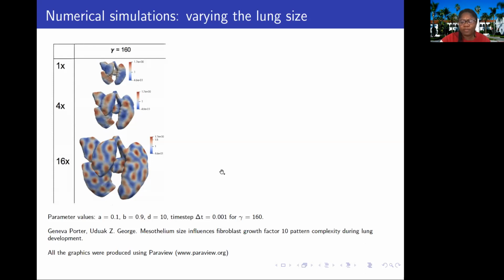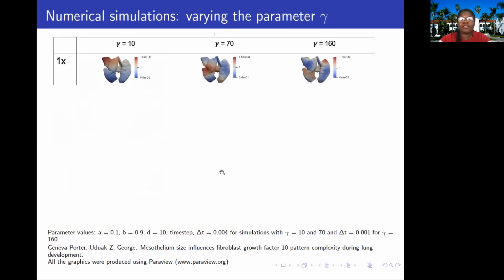And once we found this, we went on to look at gamma, since we know gamma is a very important parameter, instead of just growing the size. So the first result was sufficient, but we decided to look at what happens as we vary the parameter gamma, just to get additional information. The same thing here: blue represents low concentration of FGF10, red represents high concentration of FGF10.